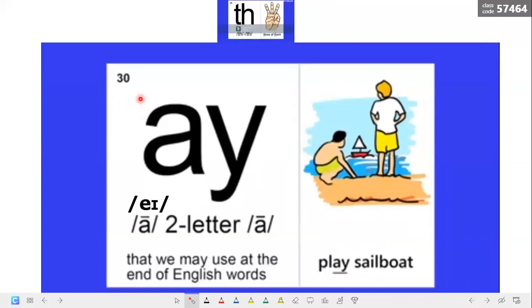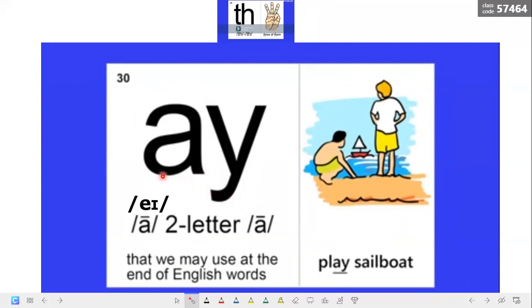And number 30, it's the AY, and the AY has the sound A, and we may use it at the end of English words. This phonogram always comes at the end of the English words.